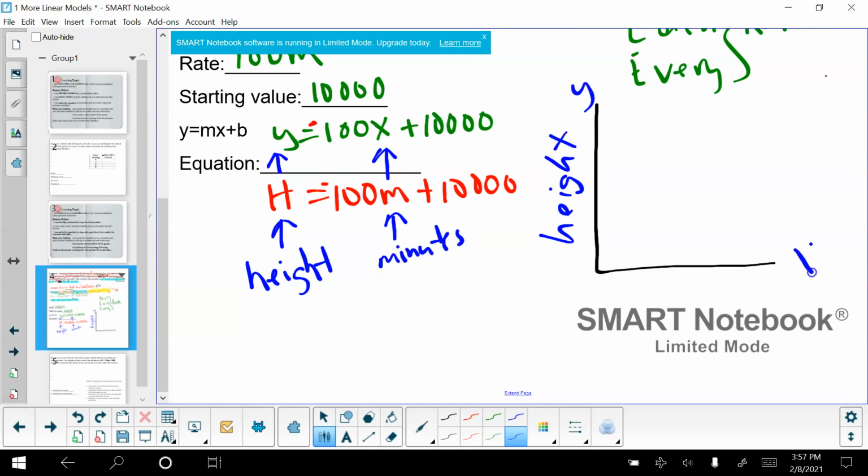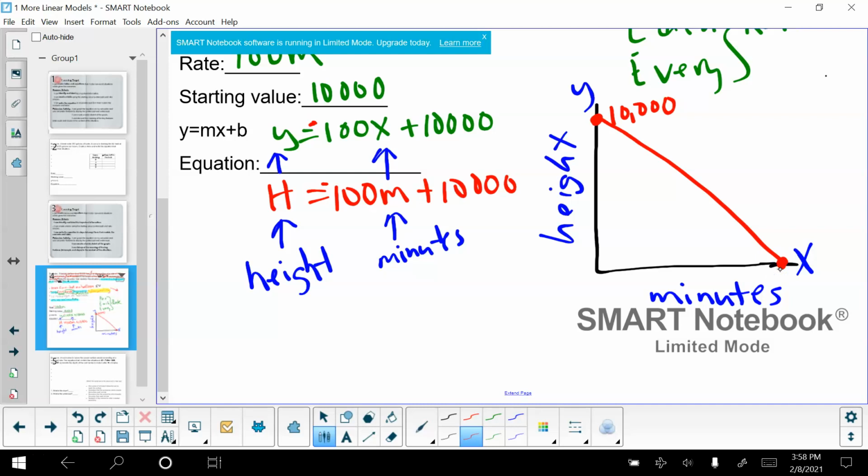So I can put x over here and I can put minutes. Once again, I need to know my starting value. That's my y-intercept. The starting value is your y-intercept, and that was at the 10,000. So I'm just going to put it and label it. And I know it's going down. And at some point, it's going to reach the x-axis, and my x-intercept is going to be right there.